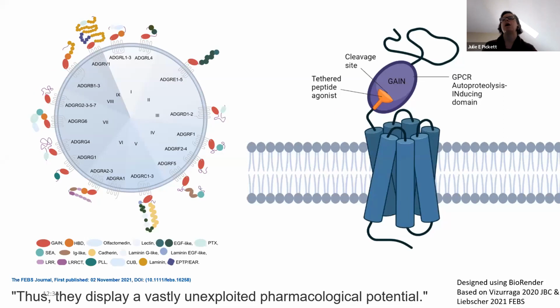There is this GAIN domain, the GPCR autoproteolysis inducing domain, which can self-cleave. Then you have this N-terminal region detached, and it has the option of, again, interacting with the receptor or leaving, and you can possibly tune the receptor that way.